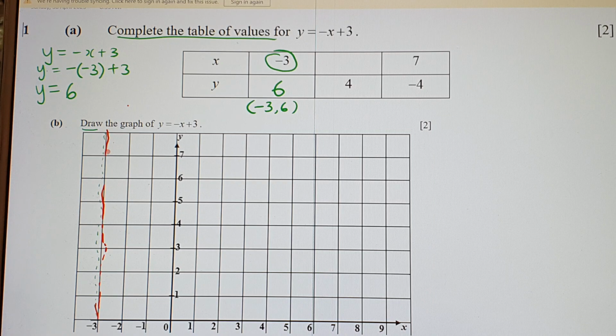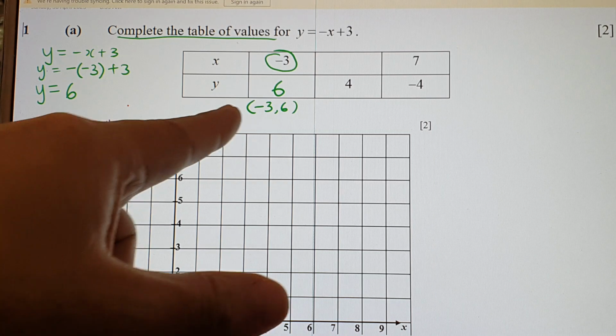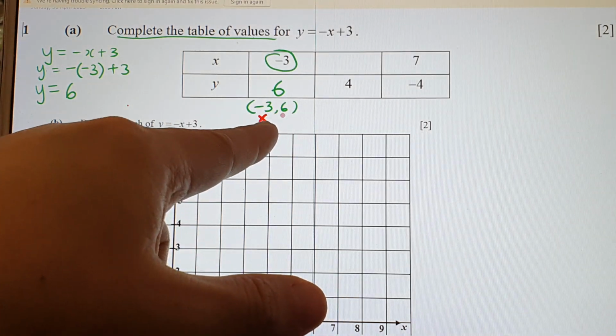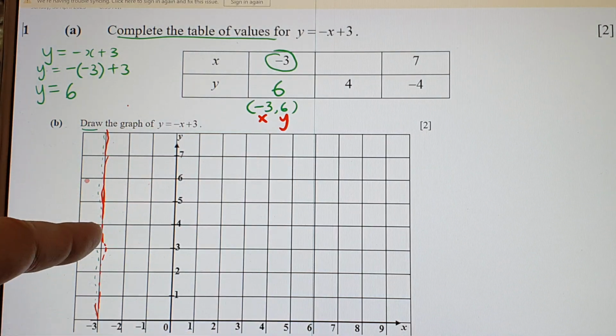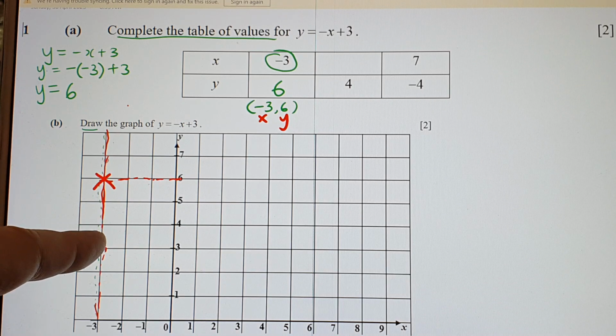You don't know where, and then y, this is x equals minus 3, y is 6. Oh, y is 6. So this is the point that they want.